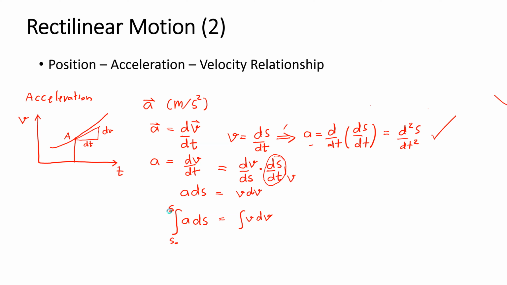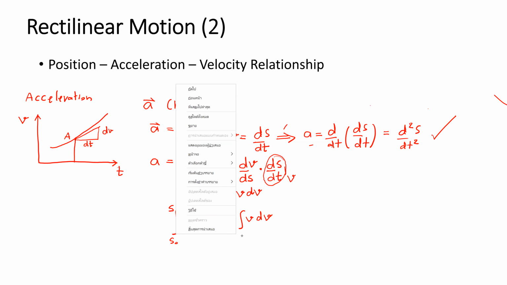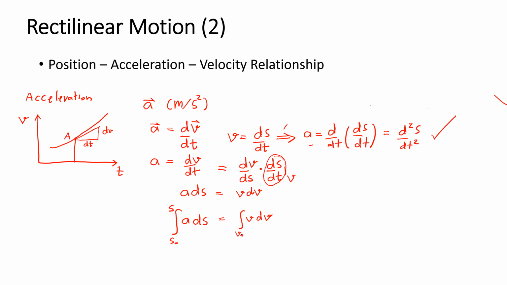And on the right hand side, the velocity is also being integrated from the initial velocity to the final velocity. But in this case, we may need to find the function of the acceleration as a function of the distance.